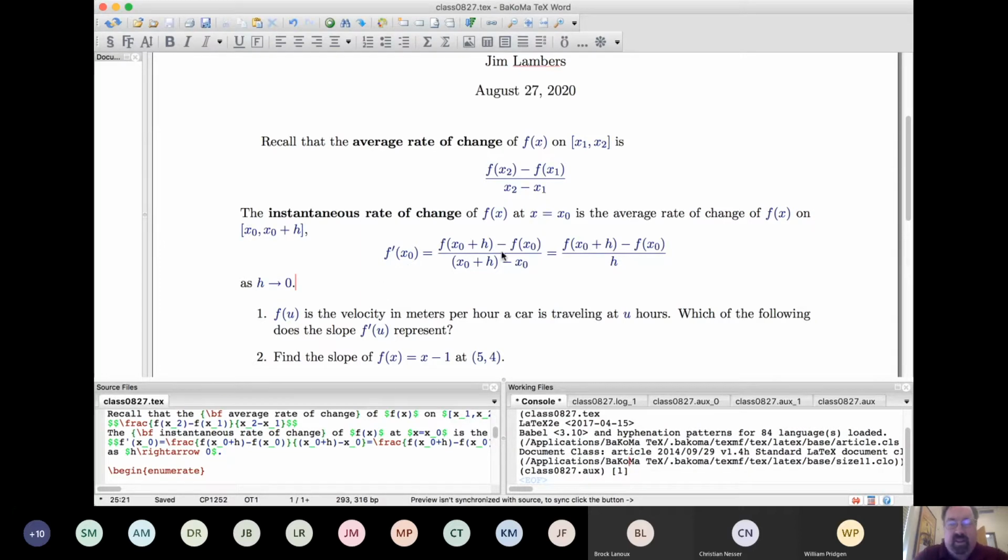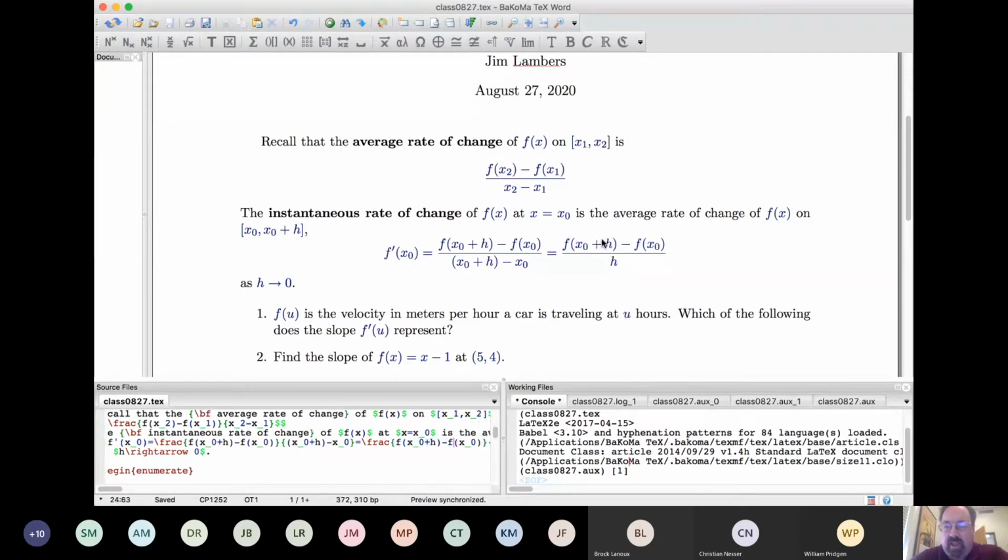Now, I want to explain what I mean by as h goes to 0, because I can't simply take this expression and set h equals 0. Can anyone tell me what goes wrong if I take this formula right here, this whole fraction, and simply set h equals 0? What would I get in that case? Be sure to unmute yourself. It's undefined. Yes.